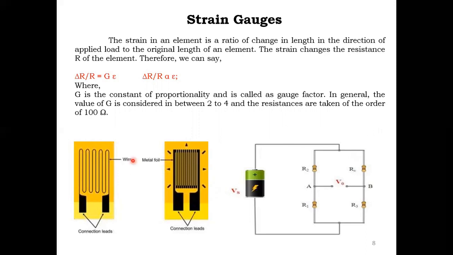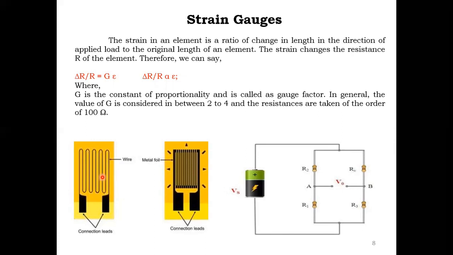They mold a small metal element, a normal conductive material like a spring, fixed in a particular mold. If you put some weight on this mold, the length of the wire will increase. When the length of the wire increases, the resistance will vary.